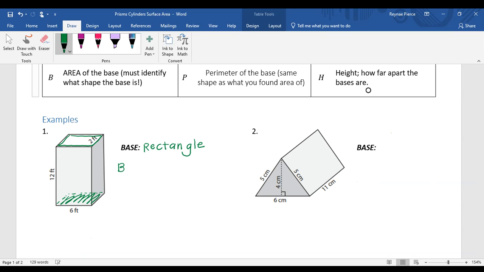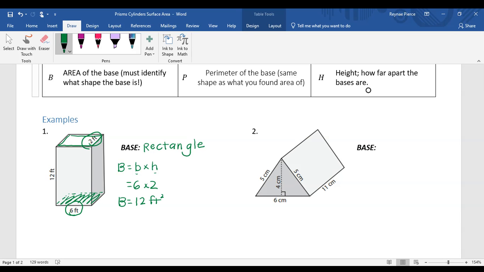Okay, to find the area of a rectangle, since a rectangle is a parallelogram, we use base times height. Okay, now these are lowercase because we're talking about just the dimensions of the base. All right. So when we're finding the area, we're only going to use the numbers that are attached to our two bases. Okay, 6 times 2. The area of our base then is 12 square feet.